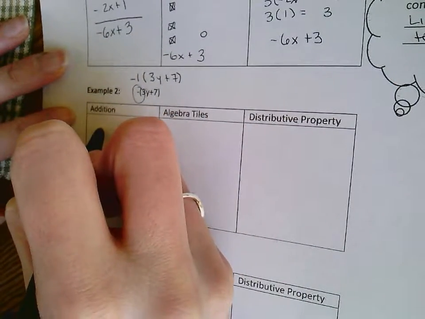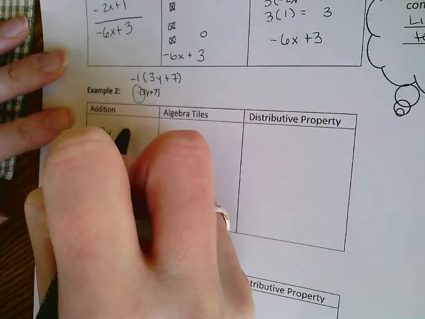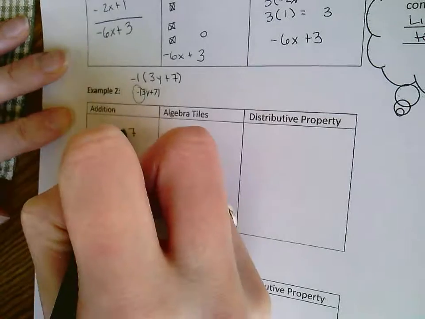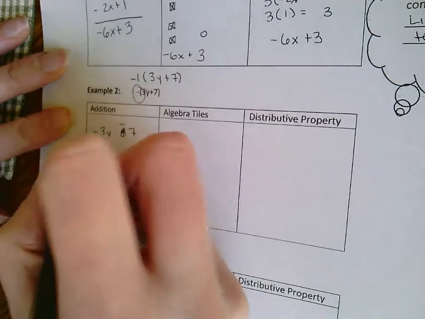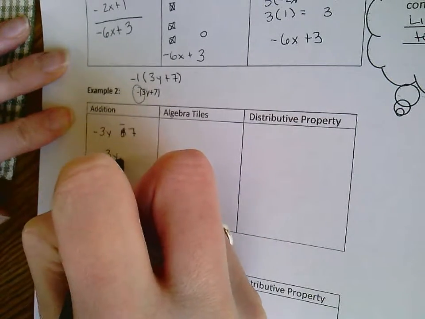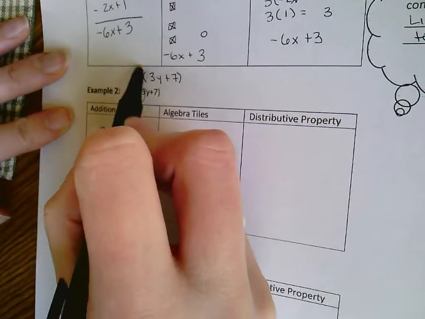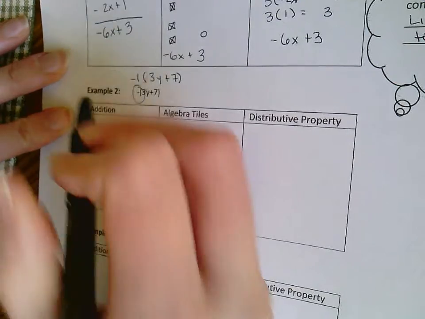So with addition, I have 3y plus 7, but it's negative. So I'm going to actually just change the signs, and it becomes negative 3y minus 7. That's your final answer. Because there was only a negative 1, I changed my signs.